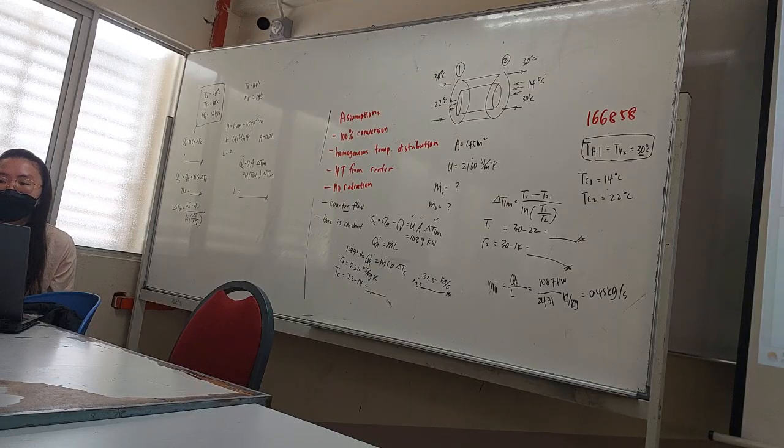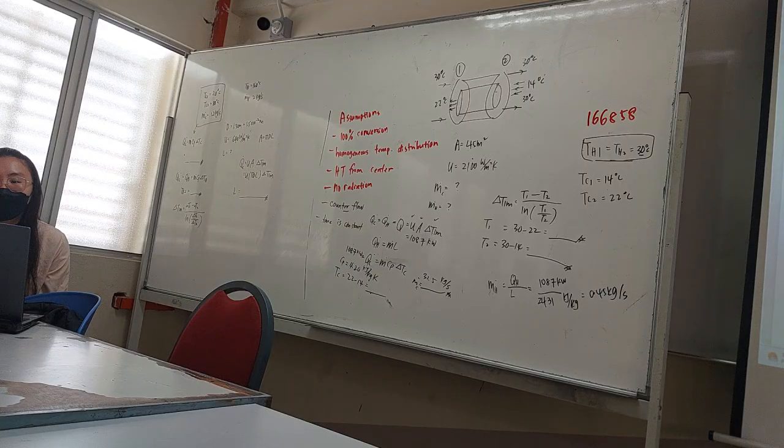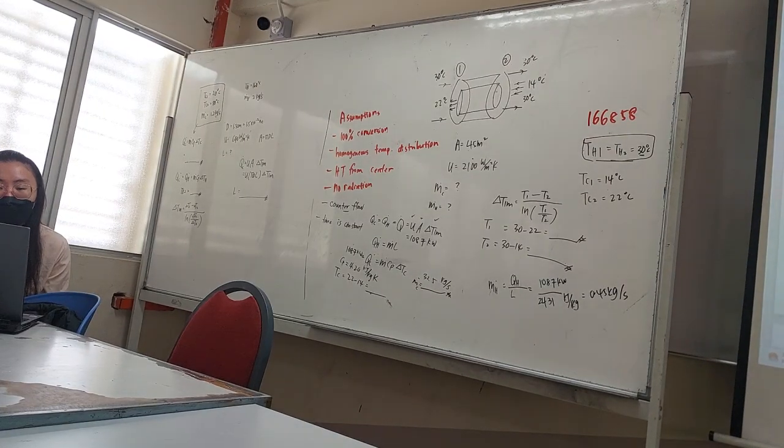If, let's say, it's not in the property table, you need to make assumptions. Geothermal, what is the water? Supposedly they should give you, but I think it's not in the property table. It's not given, and it's not in the property table, so we assume that it's water.